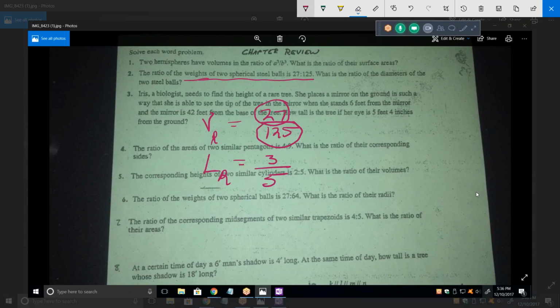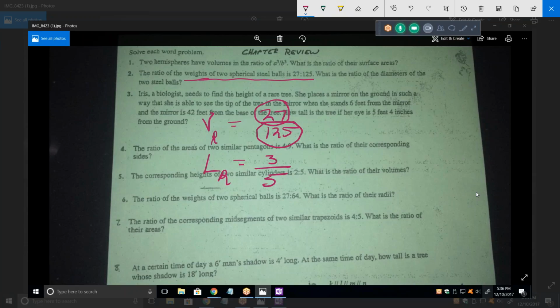So what is the ratio of the diameters? Is that a linear measurement, or an area measurement, or a volume measurement? I think it'd be linear. Yeah, all you need is what the units are going to be. Are the units going to be inches, square inches, or cubic inches?